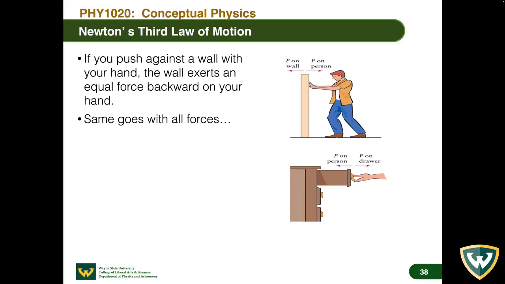Sometimes drawers could be stuck, and then you really have to exert a strong force to pull them out. So the force acting on the drawer is counteracted, action-reaction, by the drawer on your hand.